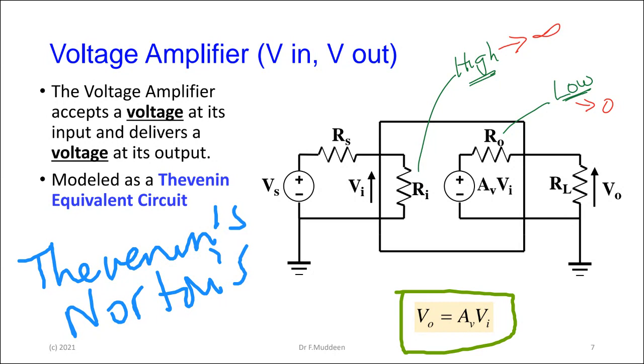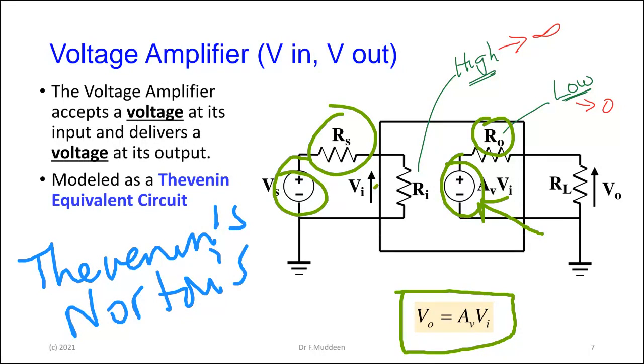The model that we use, because we're dealing with voltages, is a Thevenin model, so we model the input side as a source and a resistance, and we model the output also as a source and a resistance. This output voltage source is where the gain is: whatever input you put in, you have the gain. That voltage source has a gain on it that passes through the output resistance to the load.